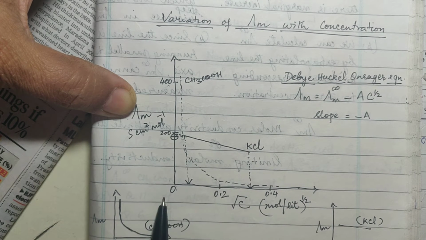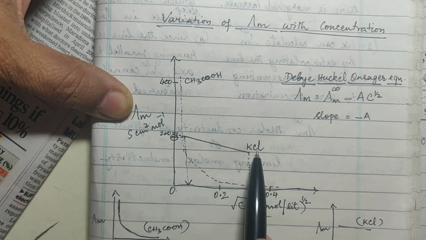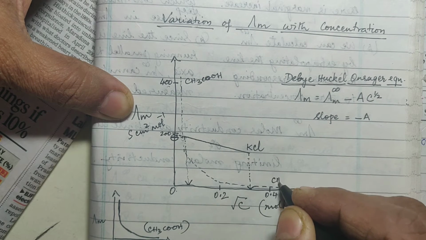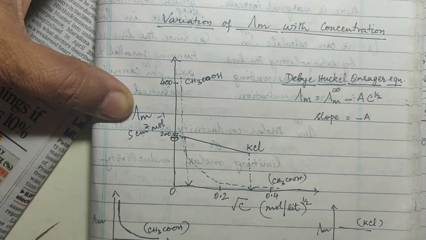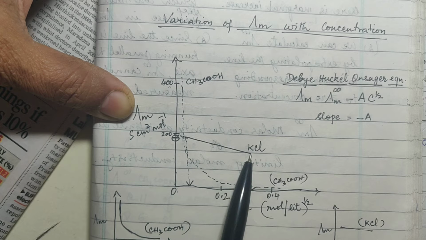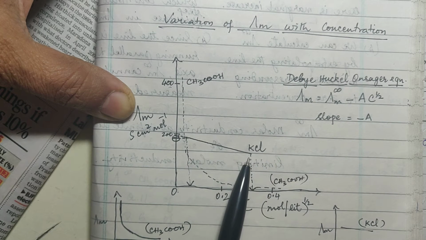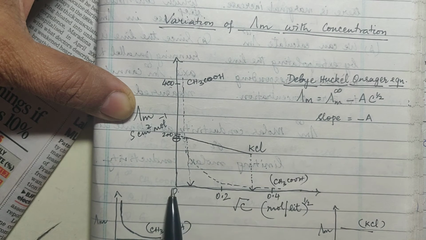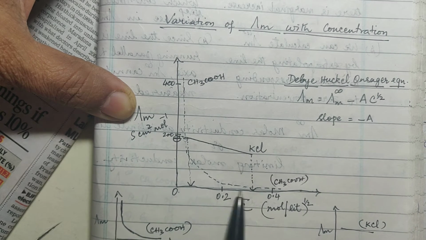This has been studied for two different electrolytes, one a strong electrolyte like KCl and the other a weak electrolyte like acetic acid. Look at the line for the strong electrolyte KCl. From left to right the concentration is increasing, so from right to left the concentration is decreasing.